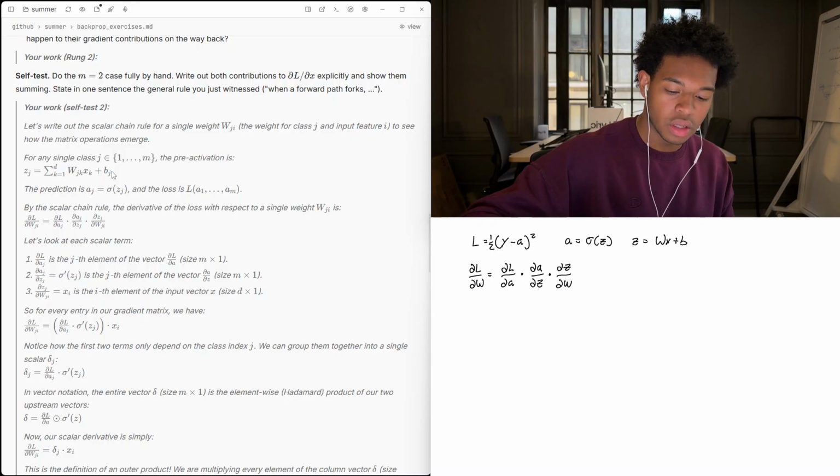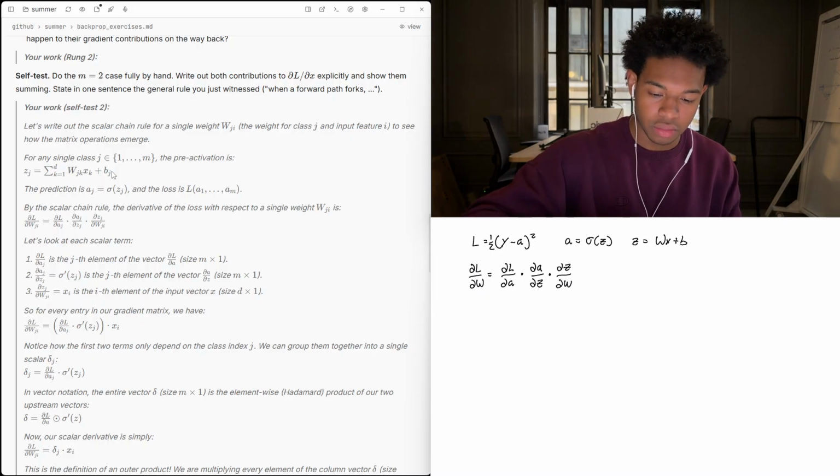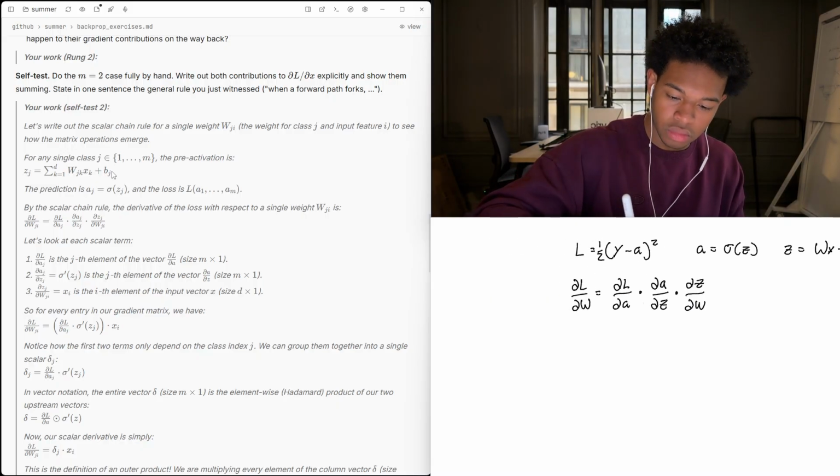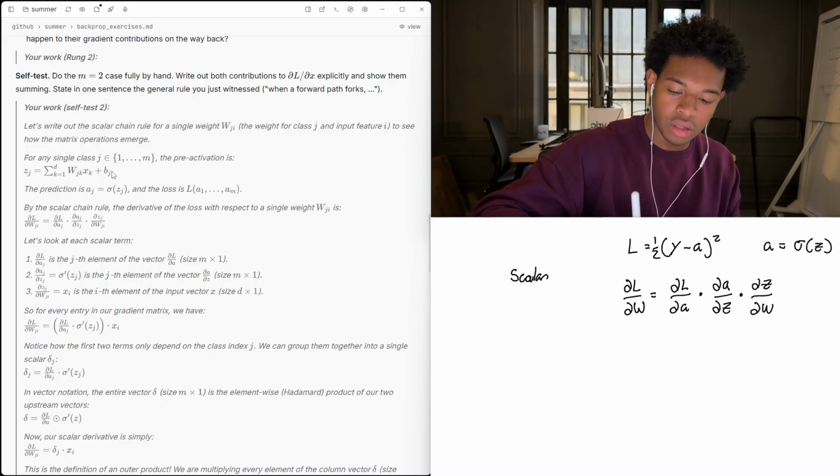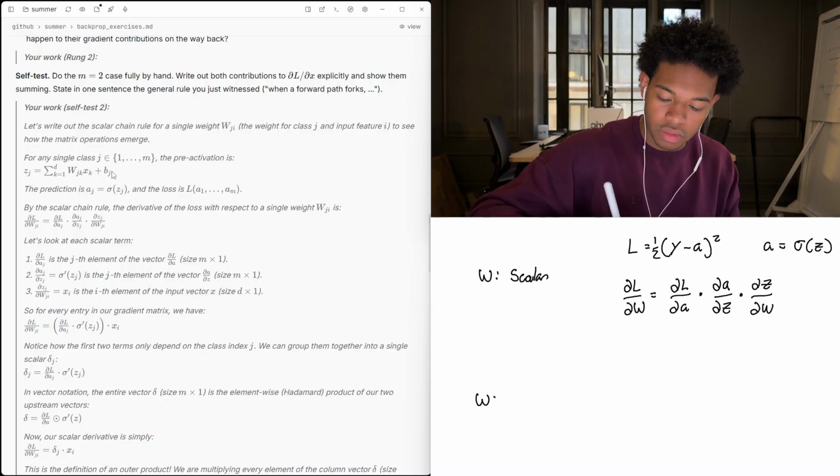This is fine for scalars. Okay, let's see. W is a scalar. Now what happens if W is a vector?